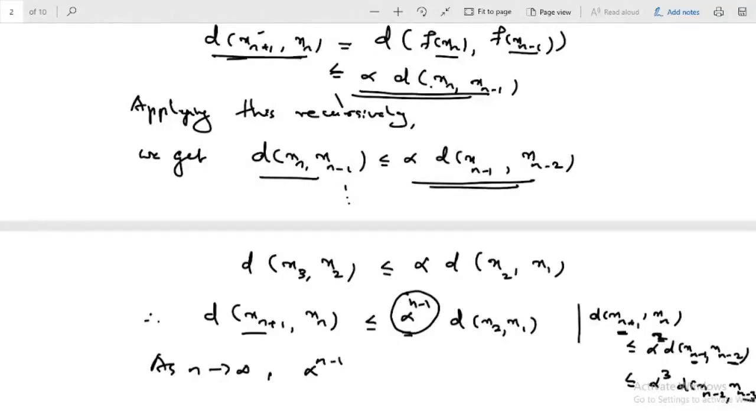Since 0 less than alpha less than 1, that is alpha is a positive number which is less than 1, therefore alpha raised to n minus 1 tends to 0 as n tends to infinity.